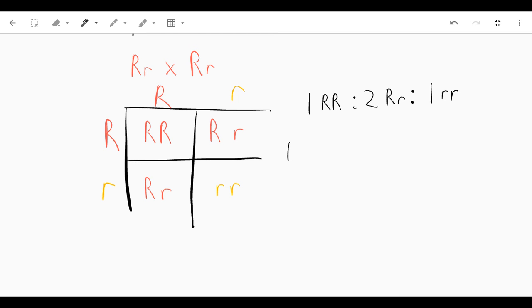Or I could also write this another way. I could say I have one homozygous dominant to two heterozygotes to one homozygous recessive.